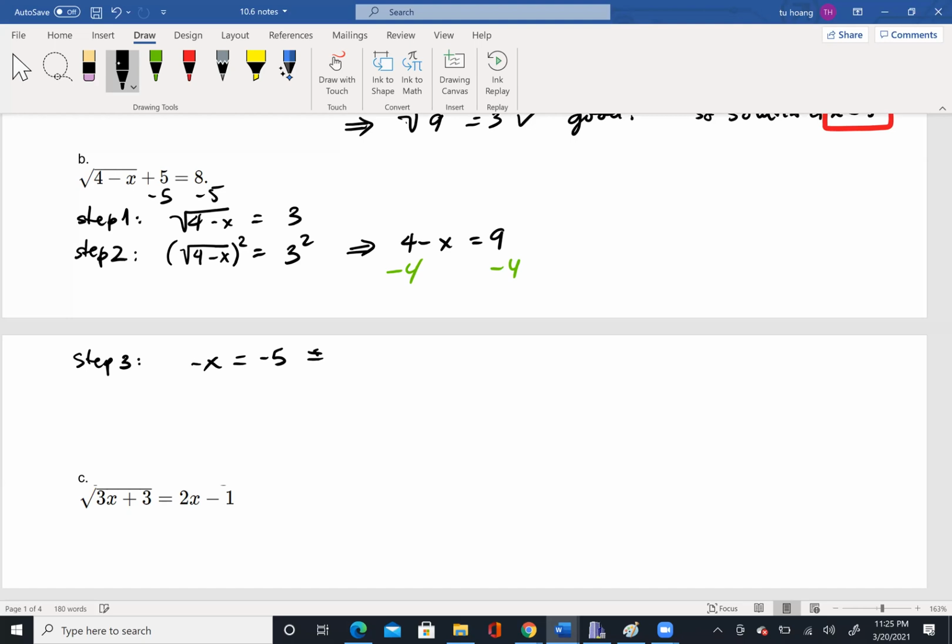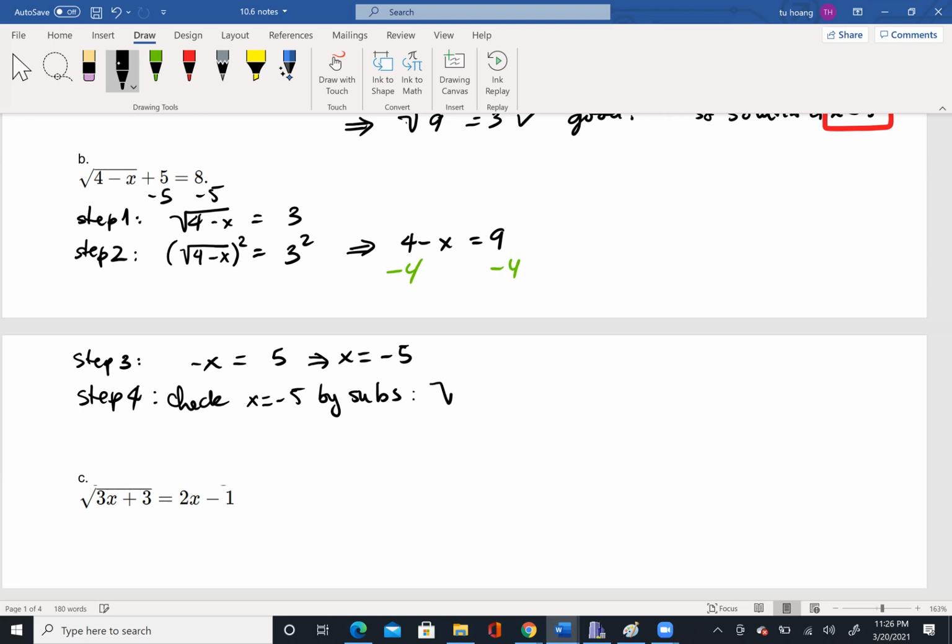So I have x equal to negative 5. Is this a solution? I need to check. Make sure in a radical equation, you always have to check the answer, okay? So check x equal to negative 5 by substituting.